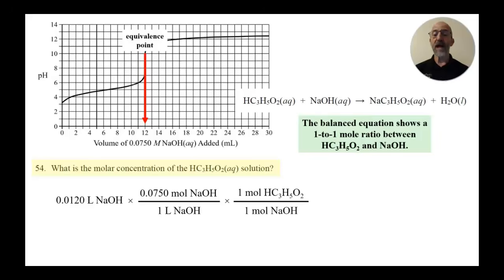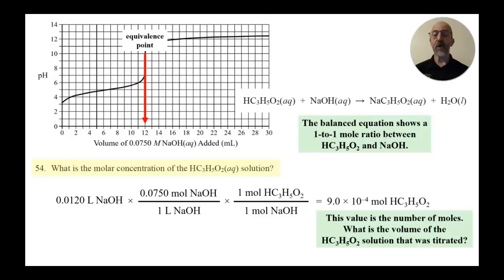And again, there's that 1-to-1 mole ratio between moles of sodium hydroxide and moles of propanoic acid. So when I pick up my calculator, I will do 0.012 times 0.075. Now, when I do that math, I don't get the molarity, I get the number of moles. So if this is the number of moles, then what is the volume of the propanoic acid solution that was titrated in this experiment?